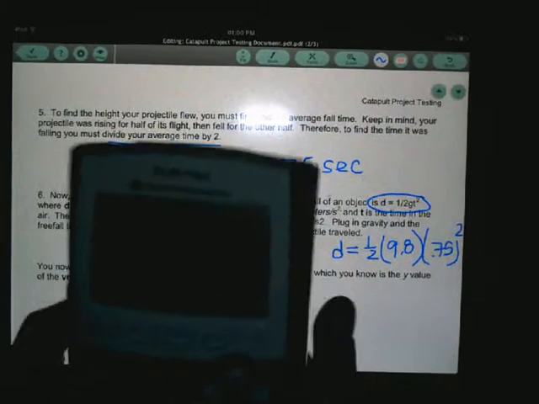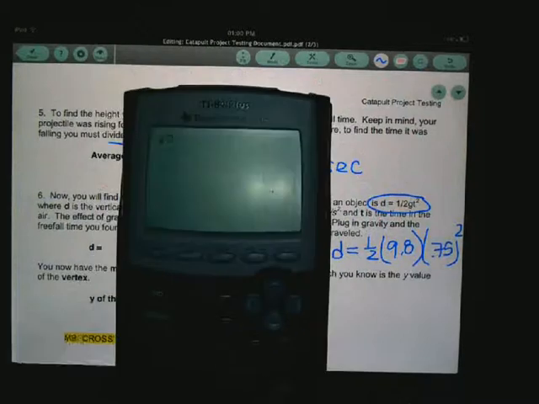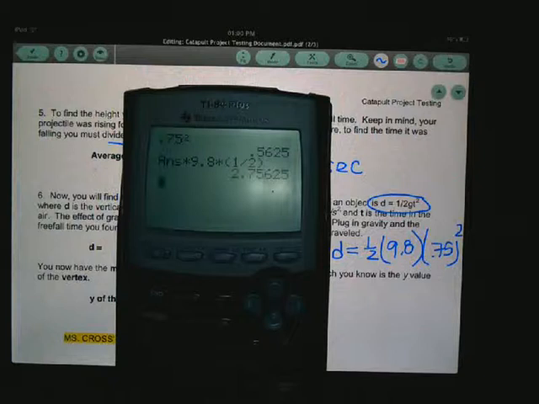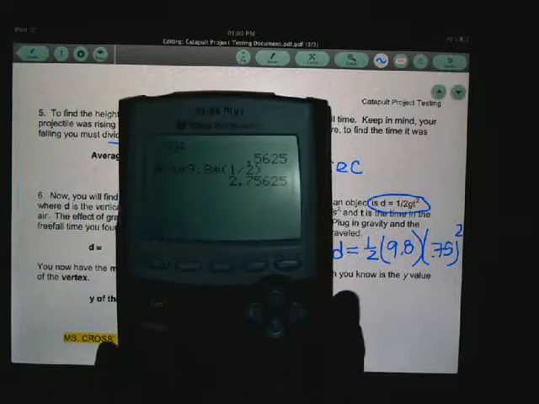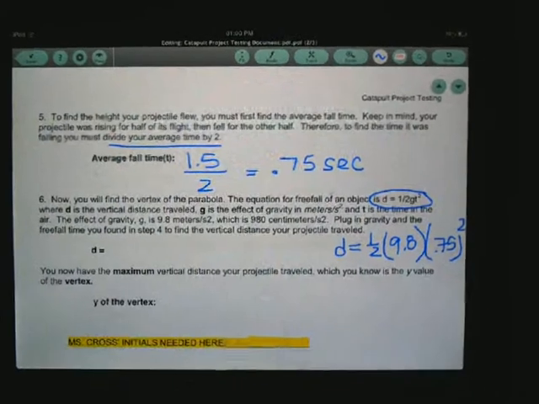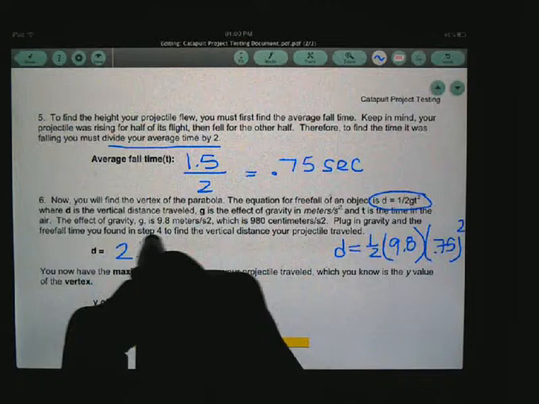When you punch it out, you can see that screen now. 0.75 squared, you have to square that first, and then multiply it by 9.8 and multiply it by 1/2. And you get 2.7, I'm going to round it up, 2.76. So this is 2.76 is my D.